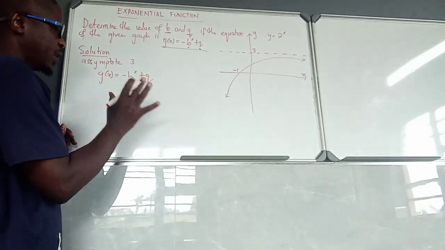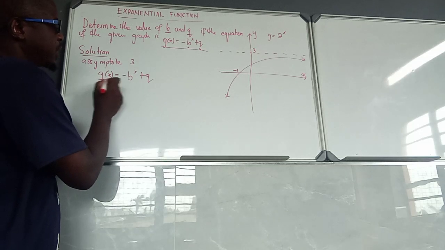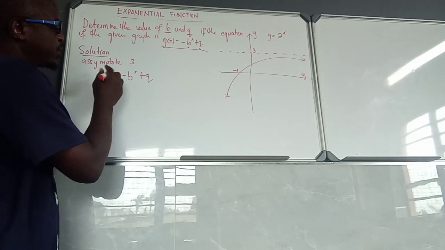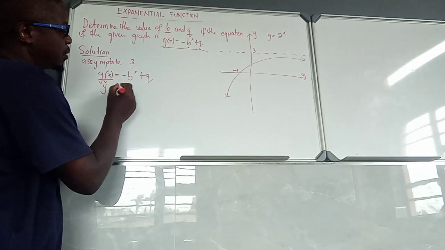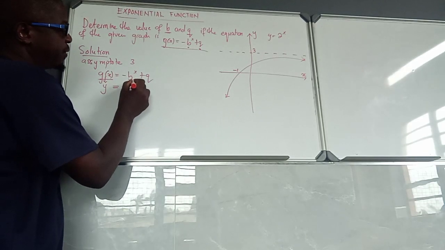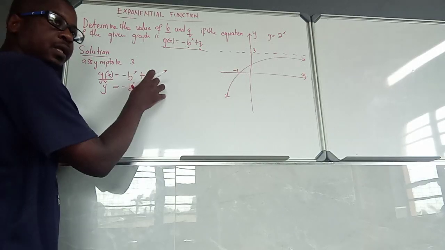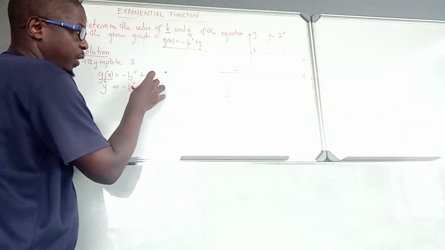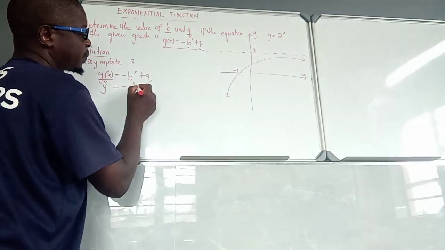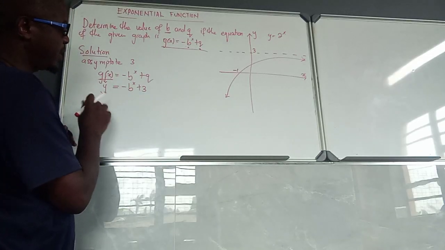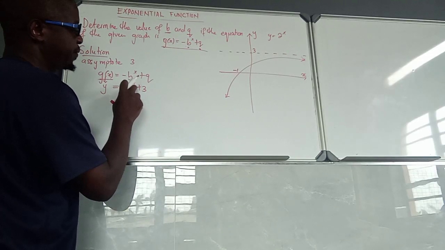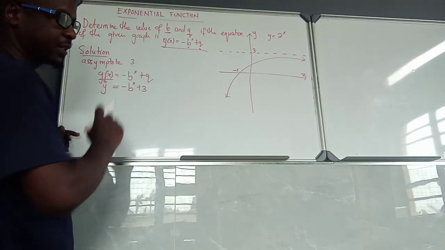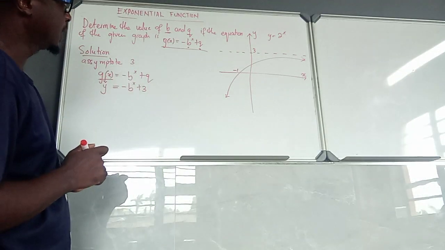So once again, I'm going to express this one as a y, because this one is the same thing as a y. Y is equal to minus b to the power of x. And now let's come to the asymptote, where we said our asymptote is 3. So we now have the expression y is equal to minus b to the power of x plus 3.